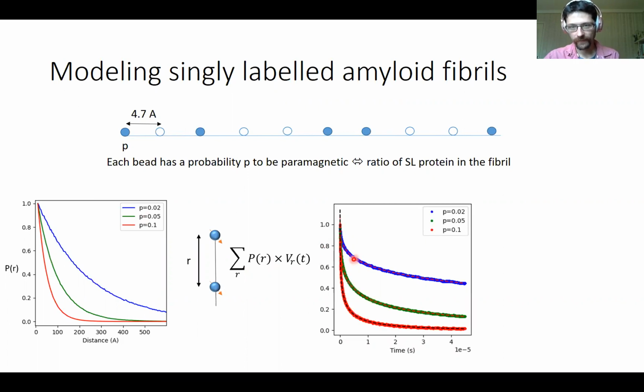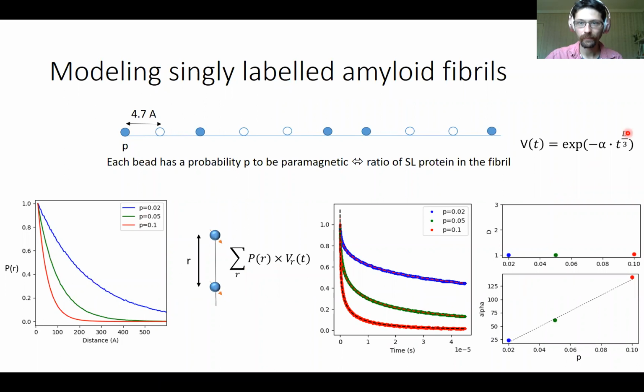From there, you get a fake measured signal, if you will. Then you can fit it with the same equation here and obtain the D and alpha.